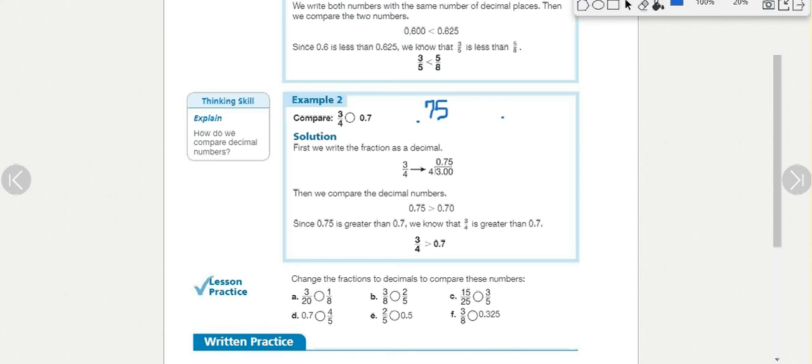Compared to 7/10, or like I was saying before, sometimes it's helpful to make them both two digits then. I see 75, I see 70 with or without the decimal, so I pick 3/4 or 0.75. Why don't you do all of these? I think you can do them fairly quickly.